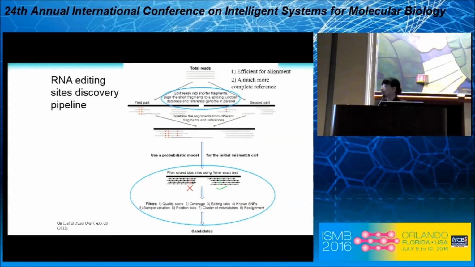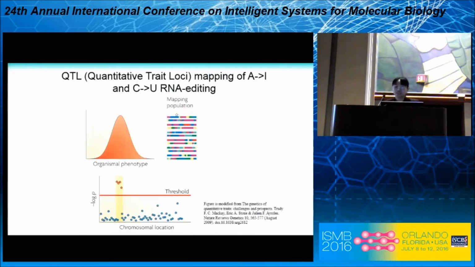I normally do another round of alignment using a different algorithm to ensure those regions are properly aligned. So using this pipeline, almost all the editing sites discovered are real editing sites. And since I know the majority of the non-canonical sites are probably artifacts, for the genetic study, I focused on A-to-I and C-to-U editing.